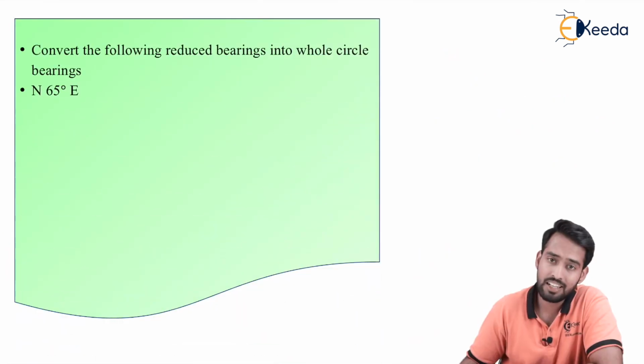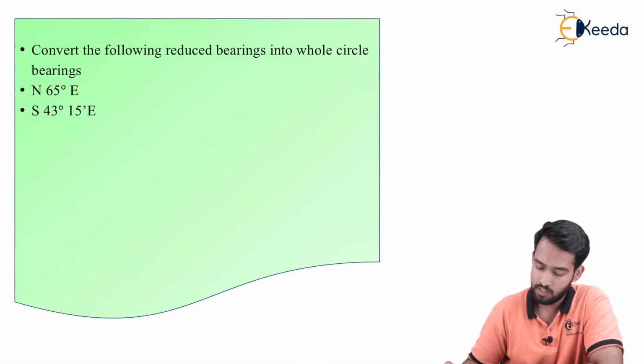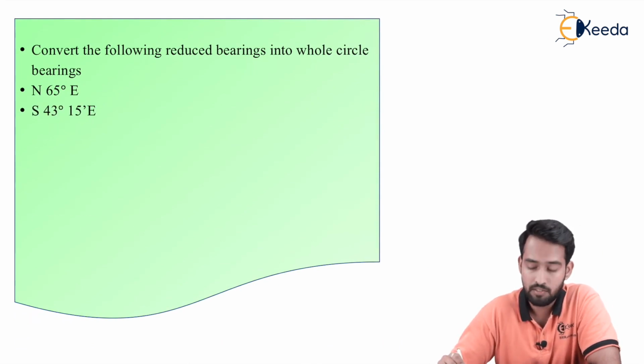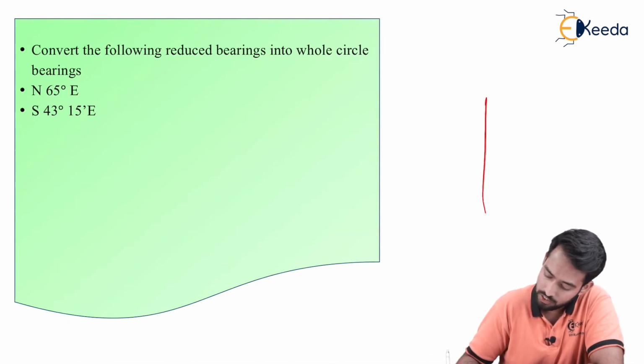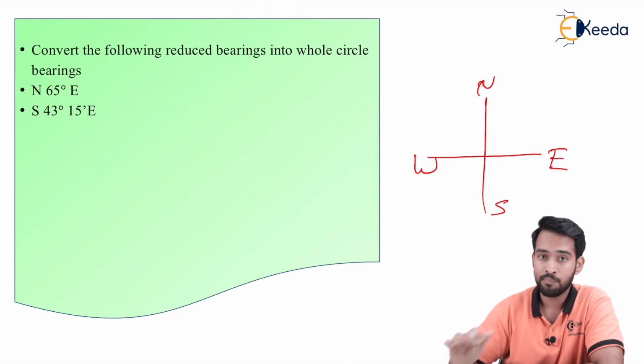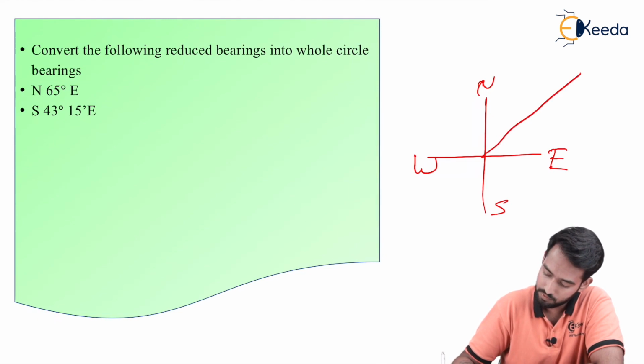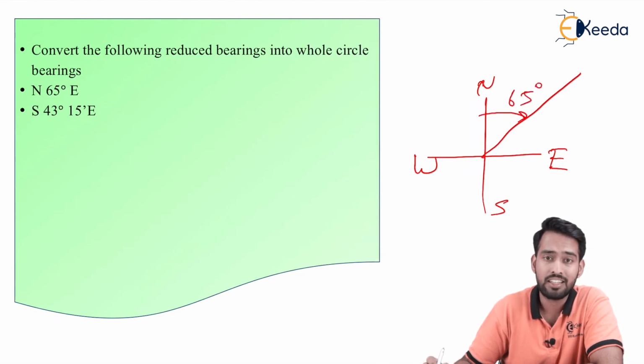Now we'll see the conversion of RB to WCB. The very first example, we have to convert north 65 degree east to your WCB. How will you convert? North east, 65 degrees given.